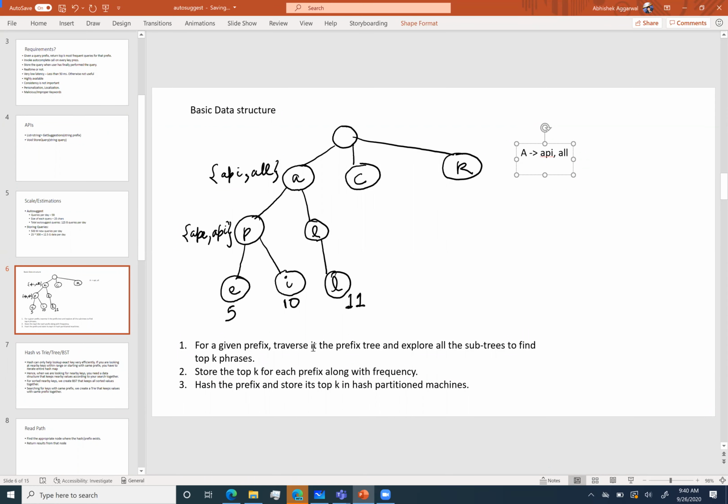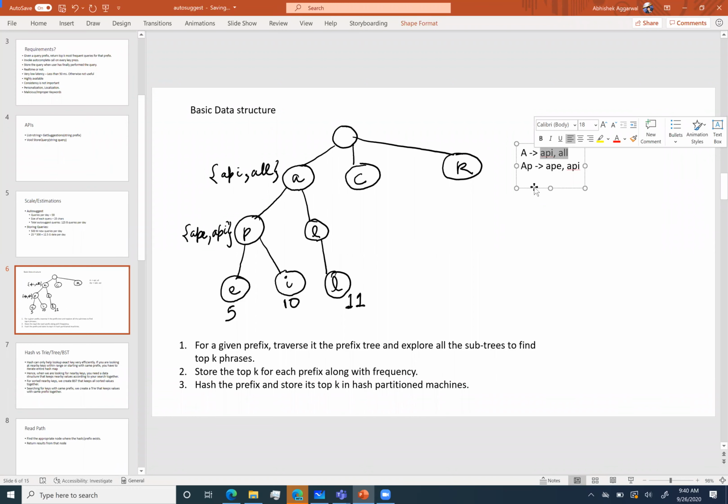For key AP, values ape and API and so on. So for your read path, when you're reading, you don't need to go to this trie at all. You just take that word, create a hash of it, and then you can directly get your results because that information is pre-calculated.